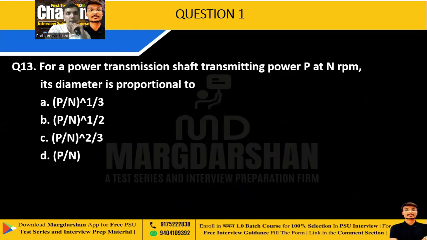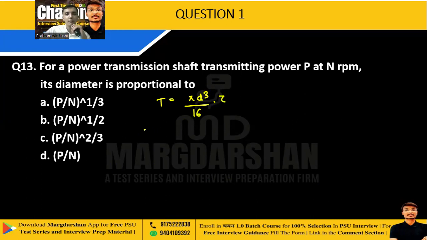Question 13. For a power transmission shaft transmitting power P at n RPM, its diameter is proportional to. Okay, now see. The maximum torque is πd³ upon 16 into tau.